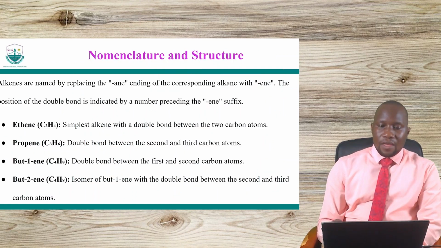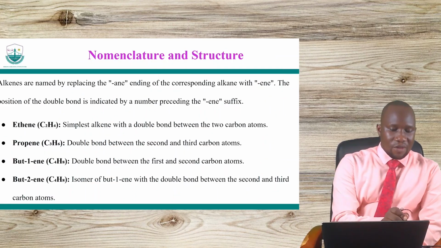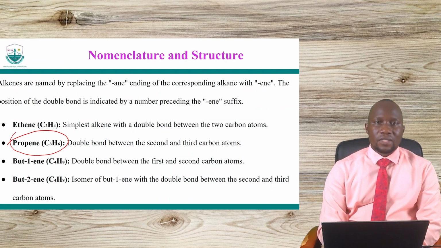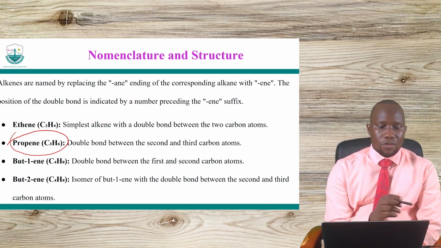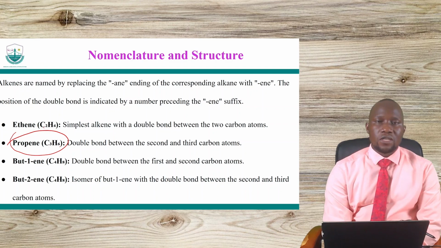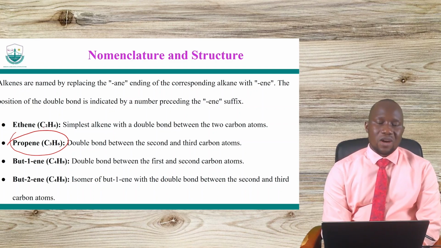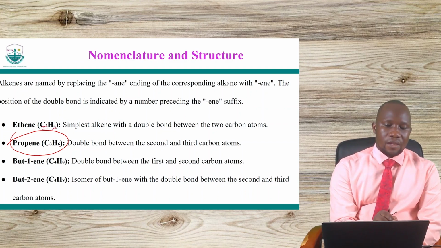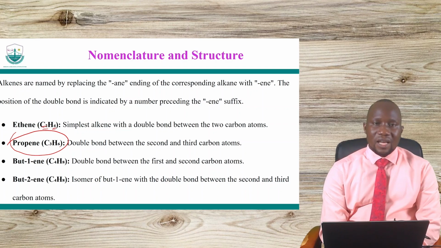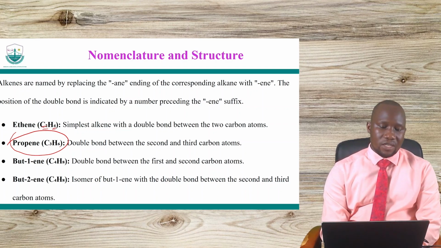So nomenclature, like we have just seen, propene has 3 carbon atoms, and the first one has to be one which has 2 hydrogen atoms, and then the 4 to make sure that every carbon atom is covered.